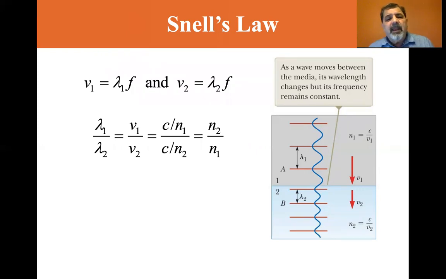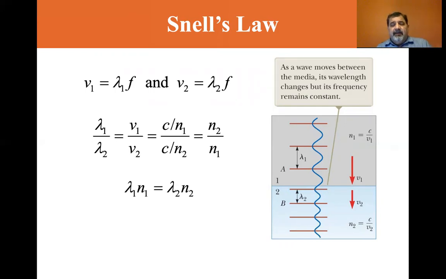And here's where I talked about V being equal to c over n. c divided by n1 over c divided by n2 gives you n2 divided by n1. So notice the inverse relationship. Lambda 1 over lambda 2 is equal to n2 over n1, the index of refraction of the second over the index of refraction of the first.